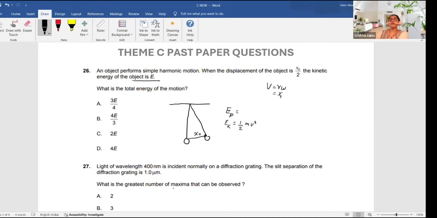So instead of v, we are going to substitute amplitude times the angular frequency. So that would be half m omega squared x0 squared, the highest kinetic energy at the mean position, EK. And EP will also have the maximum value. That is, EP is also half m omega squared x0 squared.